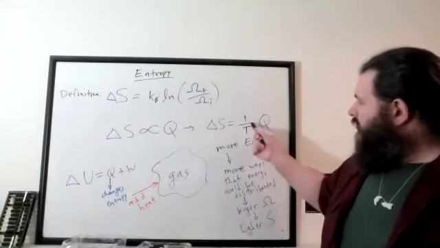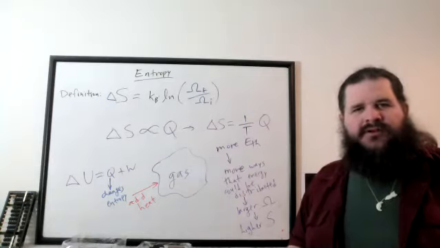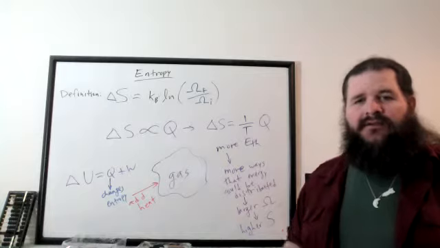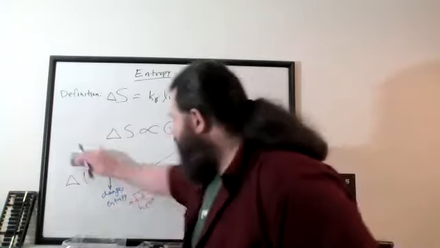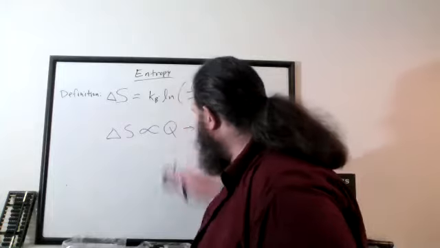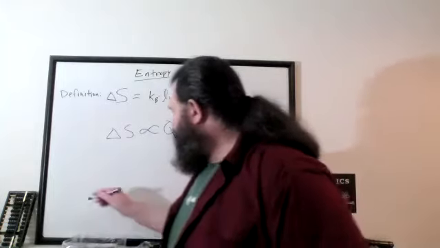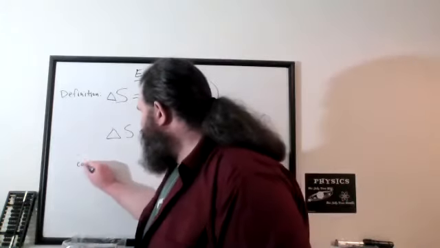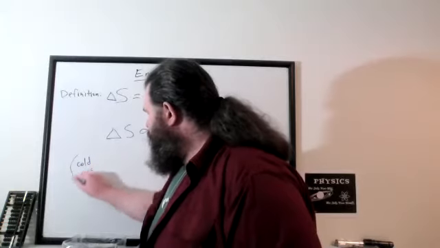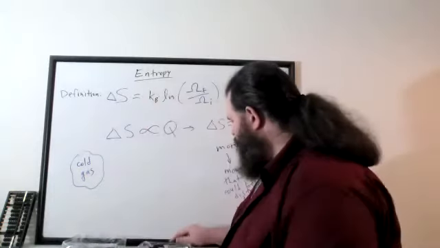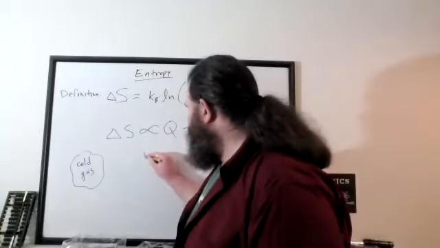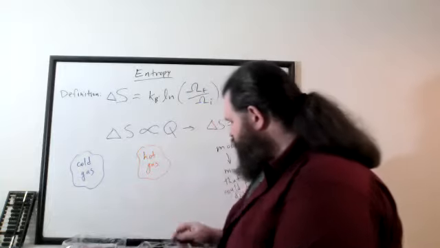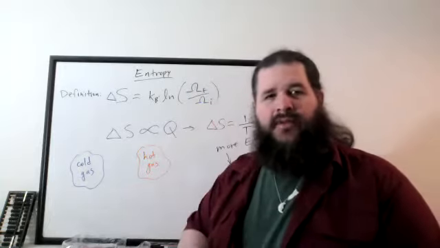And the reason we have it divided by temperature here, if you consider two systems, let's say you've got one very cold system and you add, let's say, 100 joules of heat, versus one very hot system and you add 100 joules of heat. And you compare what's going on there. If you've got a very cold gas, and you also have a hot gas, and let's say we're applying the same change to both of them.